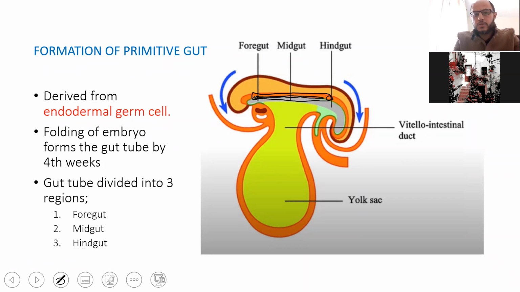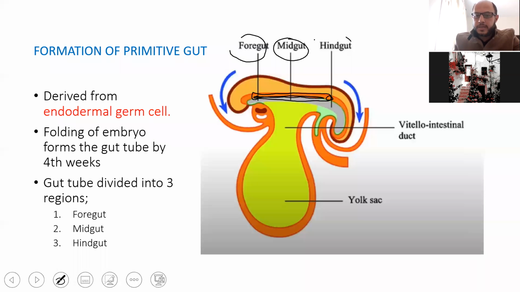And then, continuing around 4 weeks, this tube continues to fold and forms the 3 main parts: foregut, midgut, and hindgut. Why is this important? Later on, when we discuss malrotation in another serial lecture, we will see how important it is.